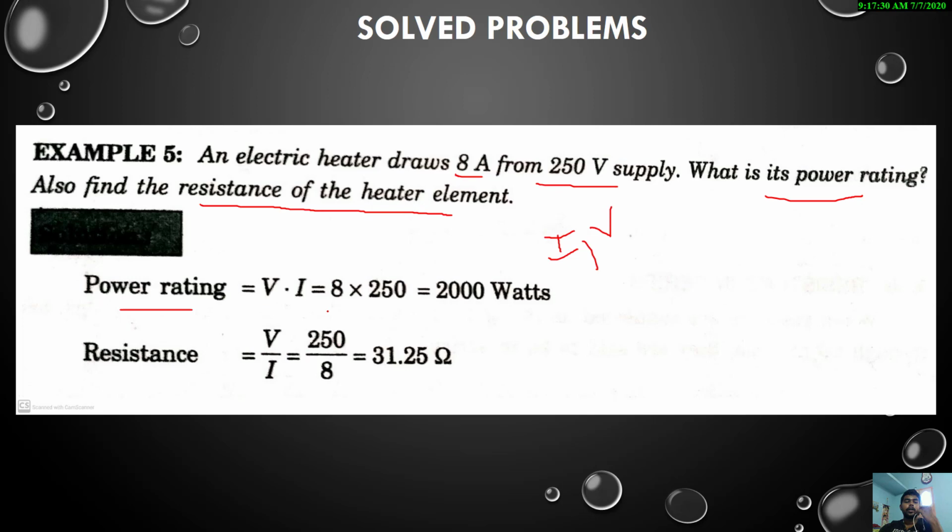Therefore, V into I, where voltage is given as 230 volt and the current is given as 8, we will get 2000 watts. The resistance we can find by using the formula V divided by I. Therefore, we will get 31.25 ohm.